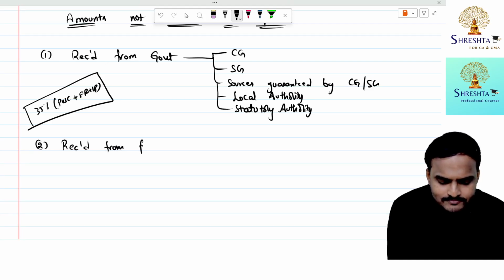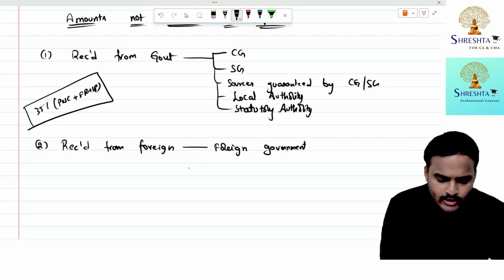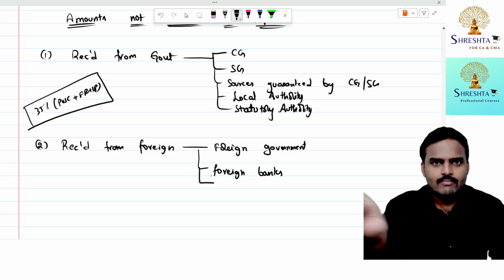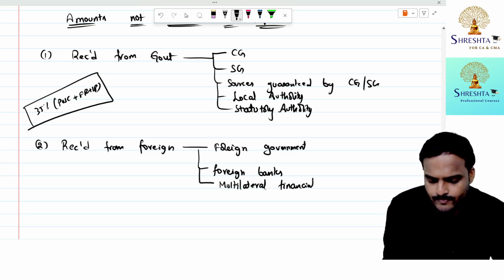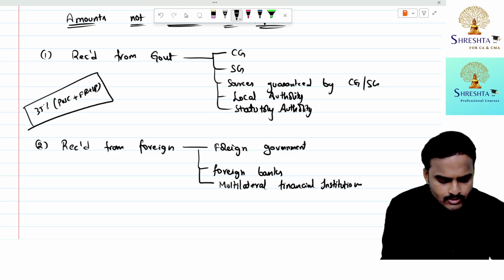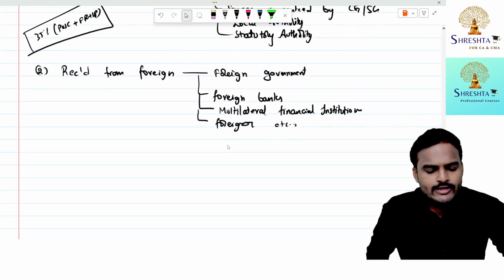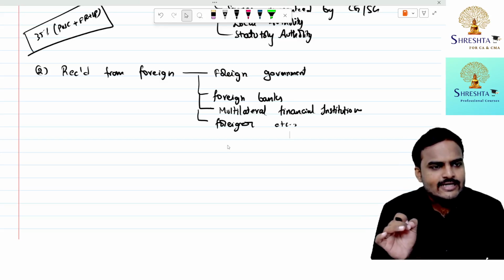received from foreign governments, foreign banks, for example Bank of London, Middle East, foreign financial institutions, multilateral financial institutions, and foreigners, etc. So simply, amounts received from foreign countries, from foreign governments, foreign banks, multilateral financial institutions, foreigners, they are not treated as deposits.